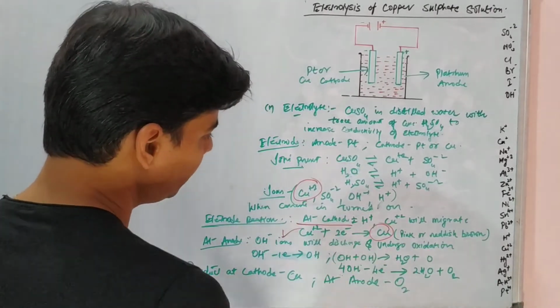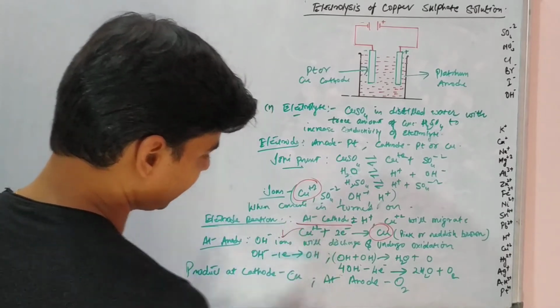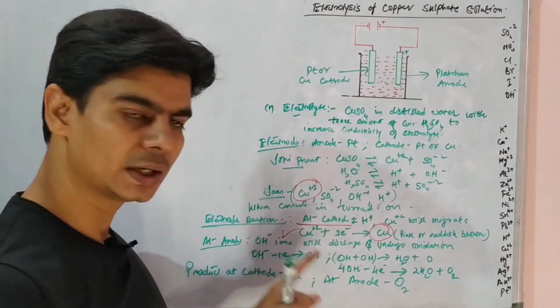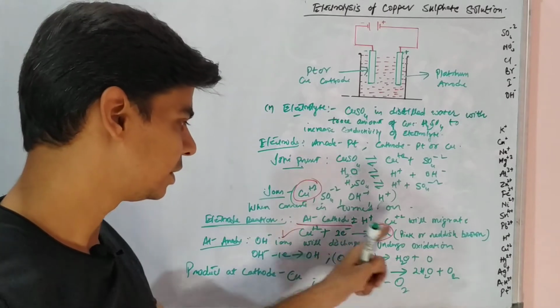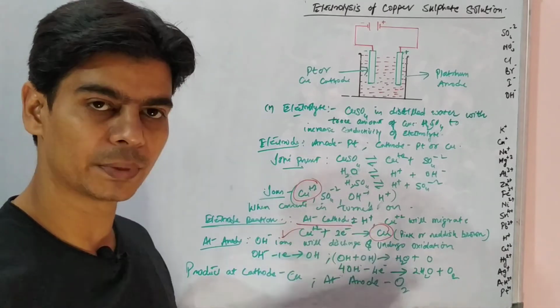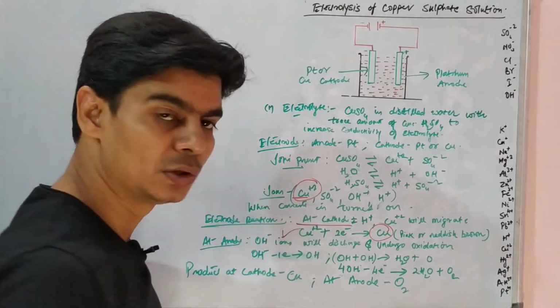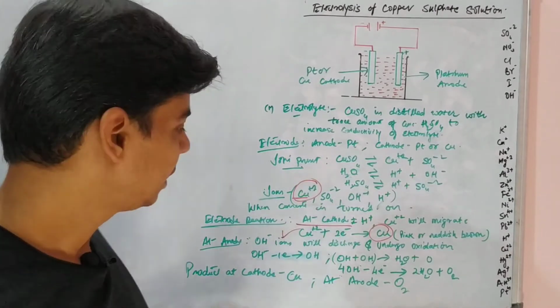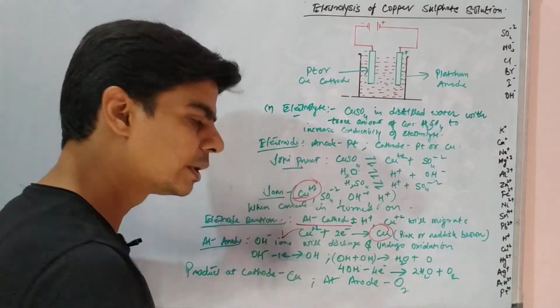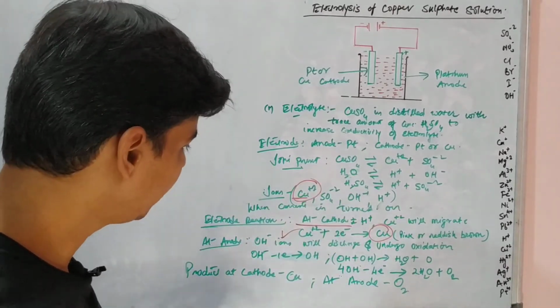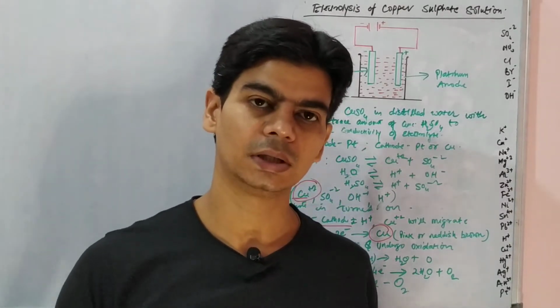Slowly, due to this reaction at the cathode, which is the reduction of copper ions to form copper metal, all these copper ions will get consumed, and the time will come when all copper ions are consumed and the electrolyte will turn colorless.